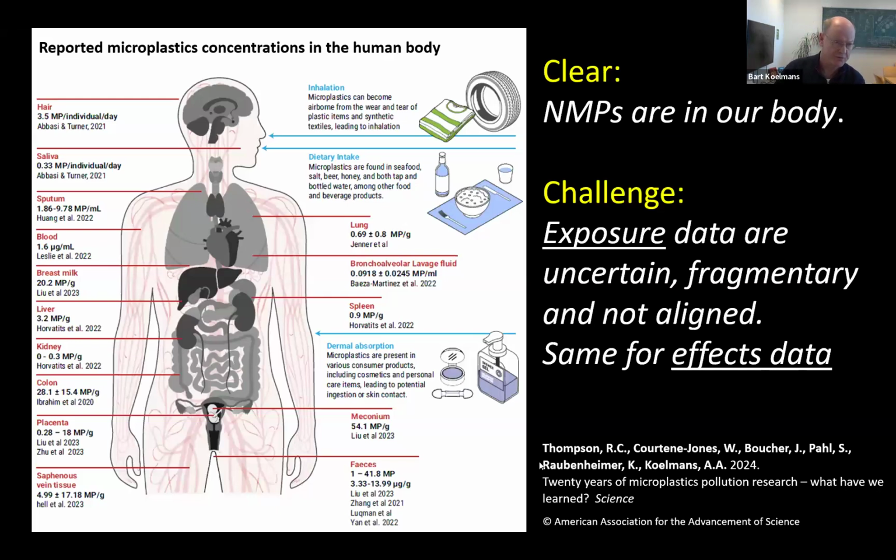This is an overview of concentrations measured in different tissues and organs. Now that looks nice, and so you are tempted to compare the numbers. That's a bit difficult because they're all measured with different methods. So the challenge here is that the data are not aligned. Different methods means that you cannot just compare the data.